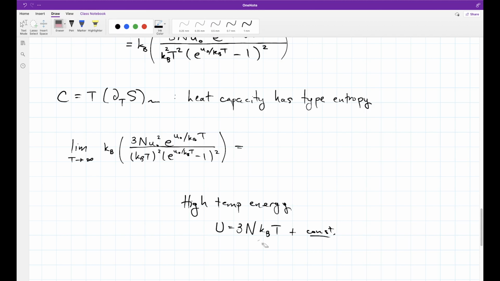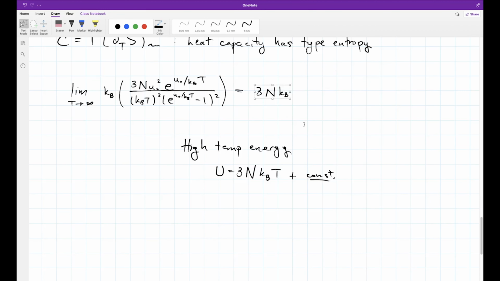And that means that when we take this derivative with respect to T, we get 3NkB. I invite you to go and check this limit carefully, that this expression has a limit and that it's this. You can use L'Hopital's rule at least one time in order to figure that out.